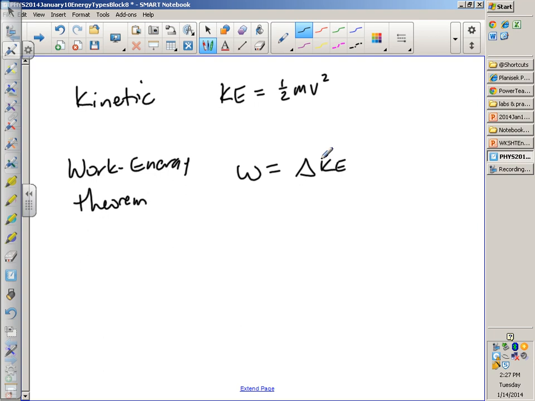The amount that the energy of the object changes is equal to the amount of work that we do. And that's important when we talk about how much work, how big of a force, how big of a distance we apply that force to this object. That will cause a greater change in energy or a lesser change in energy based on the amount of work. Okay? Good there. All right.